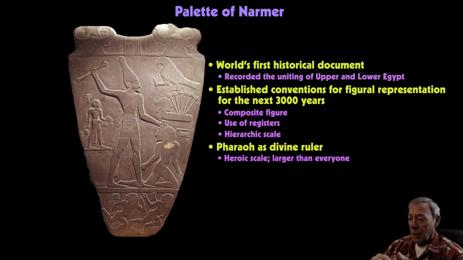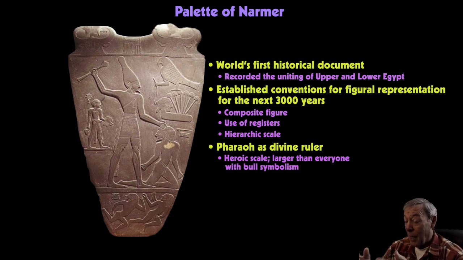Then also, if you look closely at this, you can see some bull symbolism. Now, I bring out bull symbolism here because in the ancient world, I think we talked about this earlier on when we were talking about the horns on the head of Moses, right? And that is, in the ancient world, bulls in many cultures were held in very high regard and considered to be symbols of divinity in many ways.